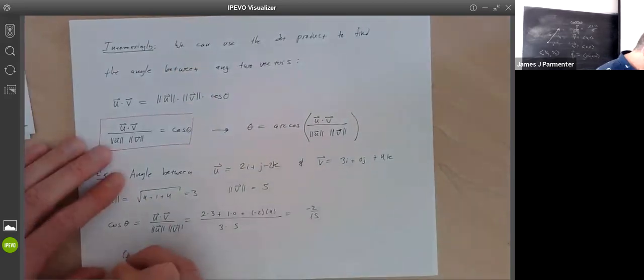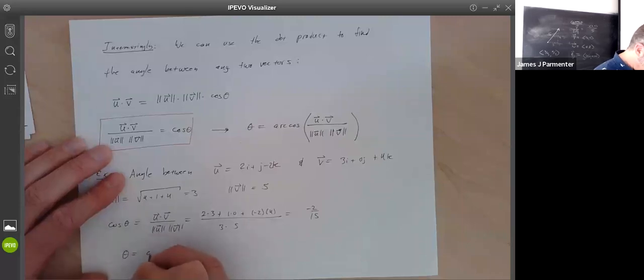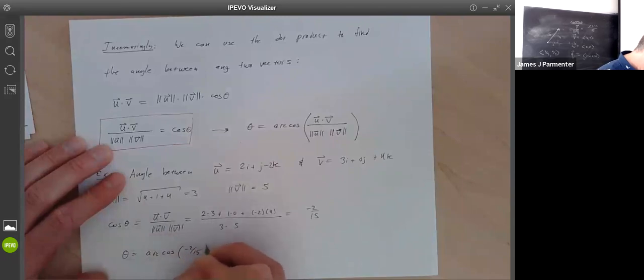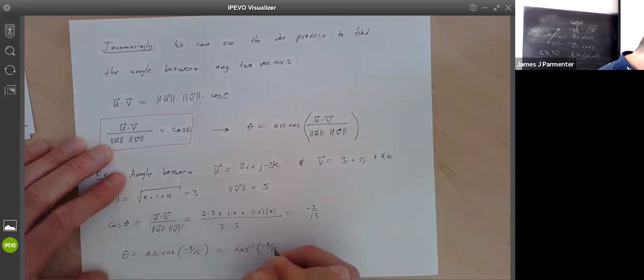So our angle theta would equal the arc cosine of negative 2 over 15, or if you prefer, the inverse cosine of negative 2 over 15.